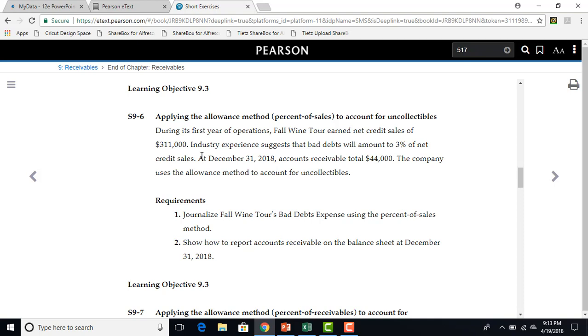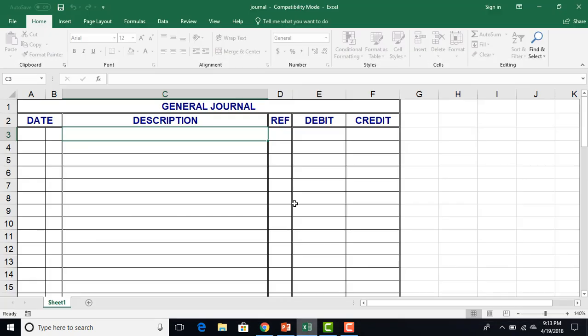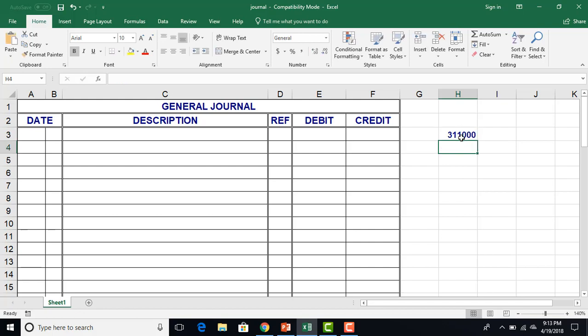So remember, we said with the percent of sales method, we just simply take our current period sales, so in this case, $311,000, and we multiply by that bad debt percentage, or in this case, 3%. So 311,000 times 3%. I'm just going to pull that out here. So again, my calculation, 311,000, and then I'm multiplying it by 0.03.